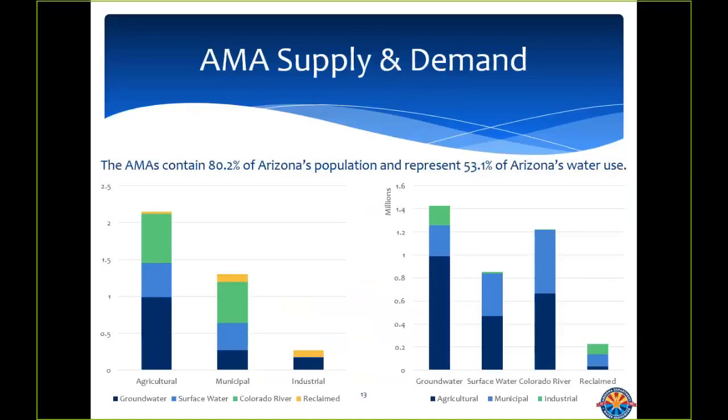The municipal sector, though, has a pretty diverse water portfolio. You can see that there are several different types of water included here, and it's broken down pretty evenly. Looking at the right side, you can see Colorado River water and surface water are largely used by agricultural and municipal users, where reclaimed water is more evenly split between the three sectors.